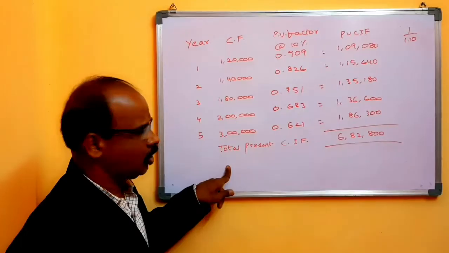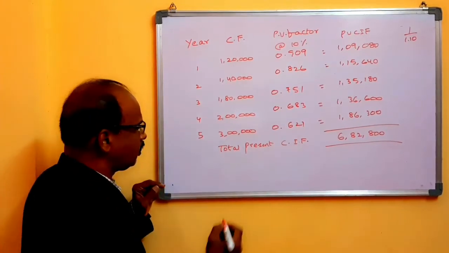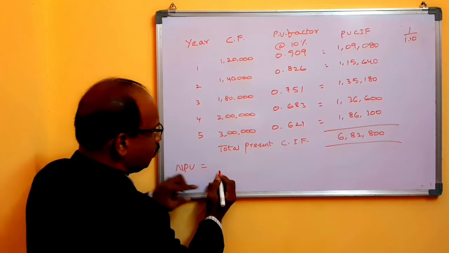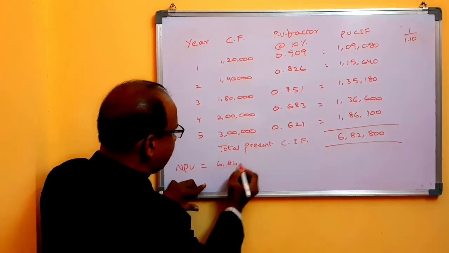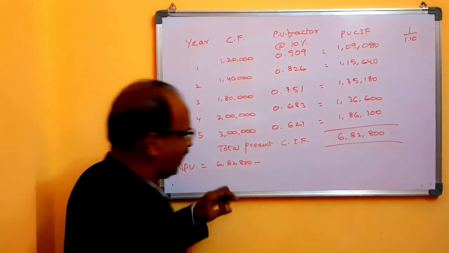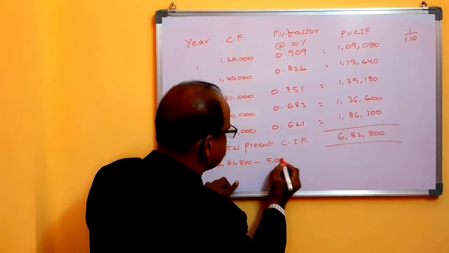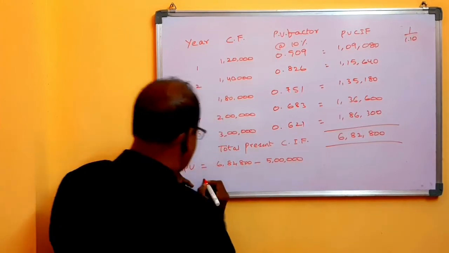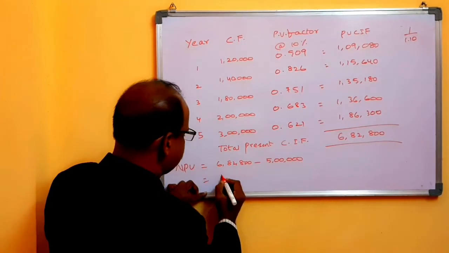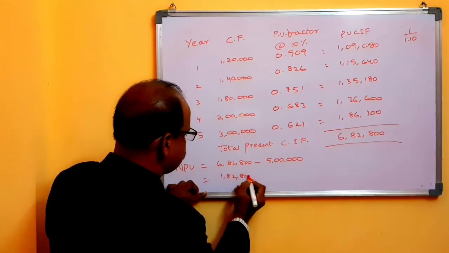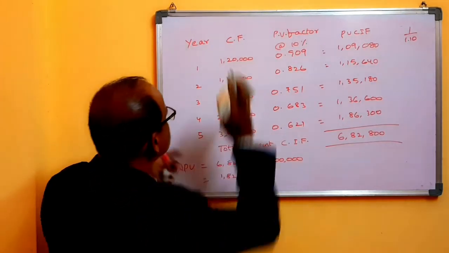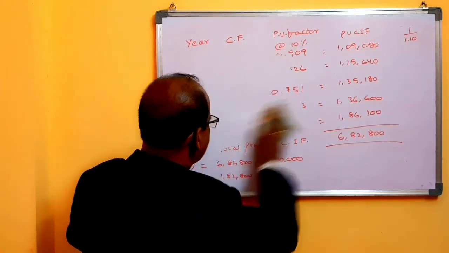Total present cash inflows minus investment or cash outflow. 6,82,800 minus investment 5 lakhs, 1,82,800. This is the NPV. When do we accept the project, and when do we reject the project? We have some rules. What are the rules?